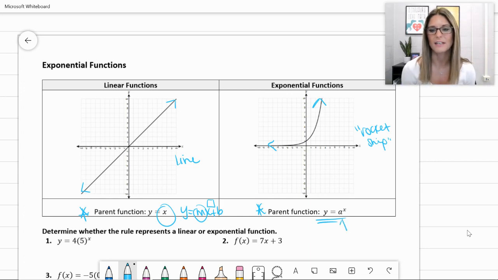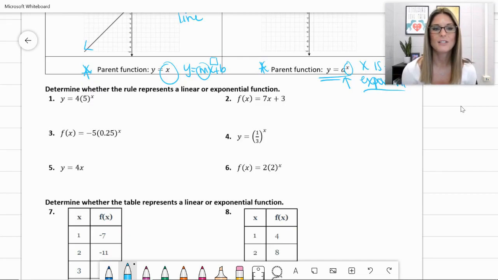Now, a could be any number, but notice our x is our exponent. The x is the exponent in an exponential function. And again, exponentials have this kind of quick increasing shape like a rocket ship, where linear functions are very constant and straight, like a line.